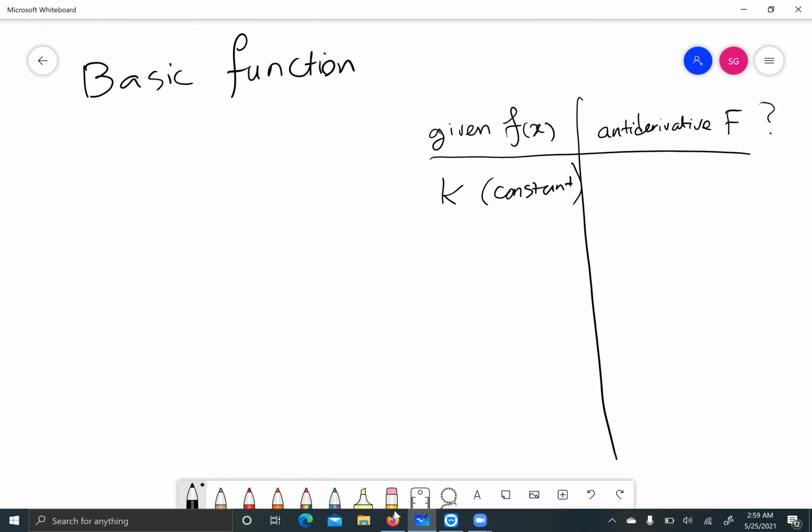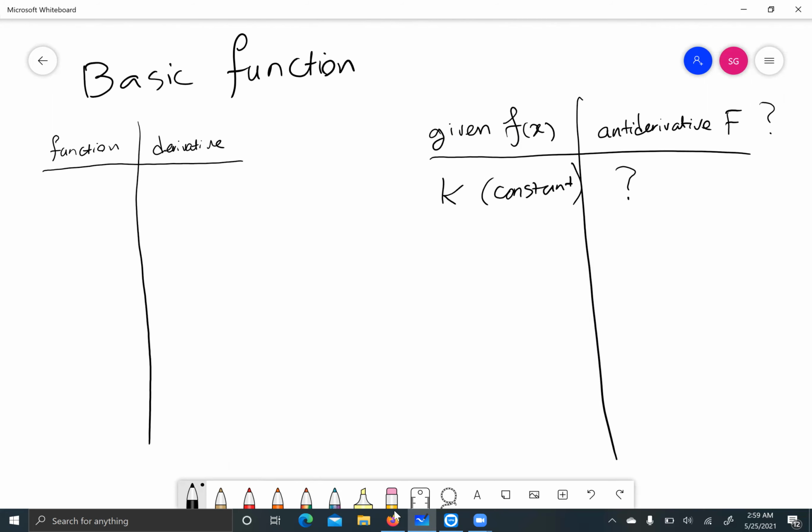For example, if we are given a constant, what is the antiderivative of the constant? In order to figure this out, we can use basic derivative rules. Here, I'm going to do the reverse.